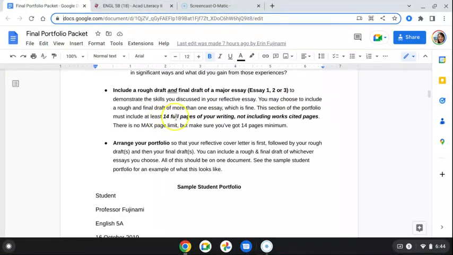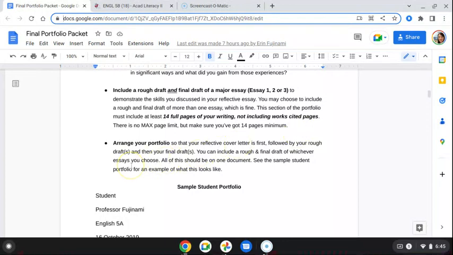And so now you need to have 14 pages of your writing samples. Remember that that does not include your works cited pages. Also, an important thing to note here, there's no max page limit. So just make sure that you have at least 14 pages of your writing samples. And if you go over that, even if you go over it by a lot, that's totally fine.